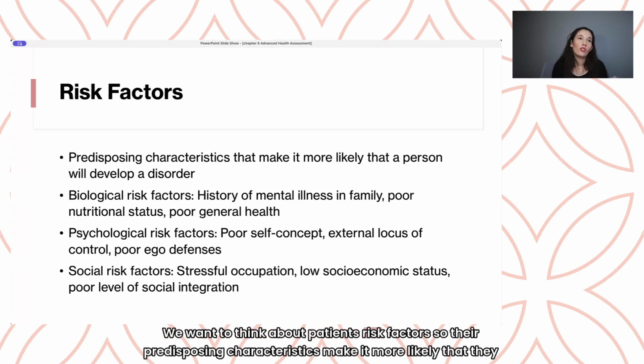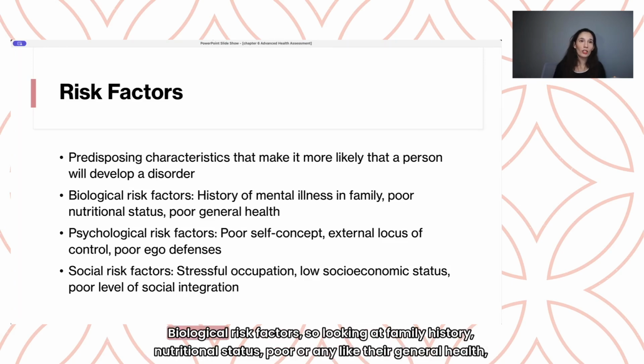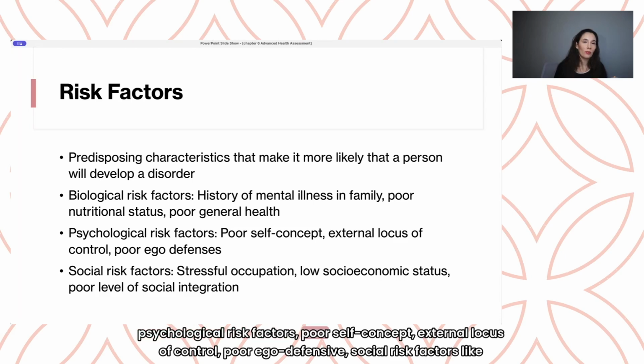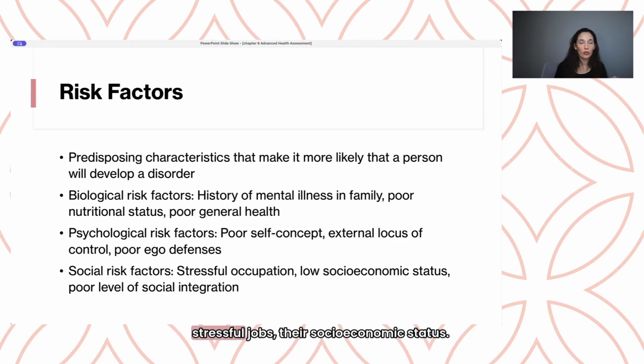We want to think about patients' risk factors. So their predisposing characteristics make it more likely that they will develop a disorder. Biological risk factors, so looking at family history, nutritional status, their general health. Psychological risk factors, poor self-concept, external locus of control, poor ego defenses. Social risk factors, like stressful jobs and their socioeconomic status.